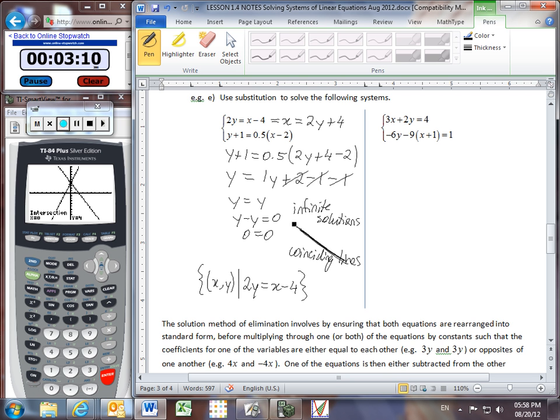So I suppose if we had isolated the y in both of these cases, in the second one, I've got 0.5x, that's the same as half x. 0.5 times negative 2 is negative 1. The plus 1 comes over. Look, they're identical equations.